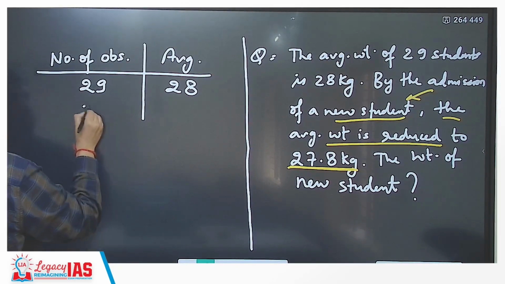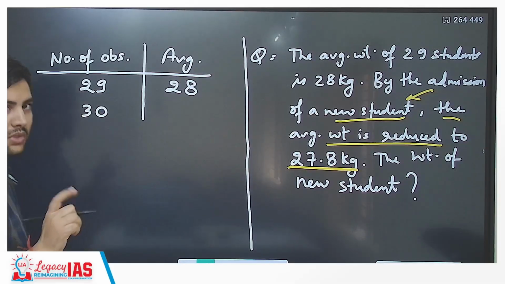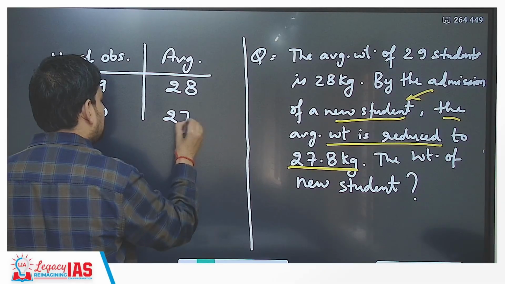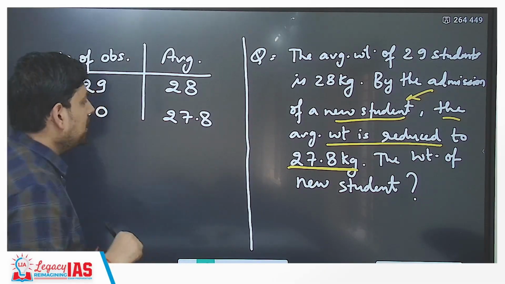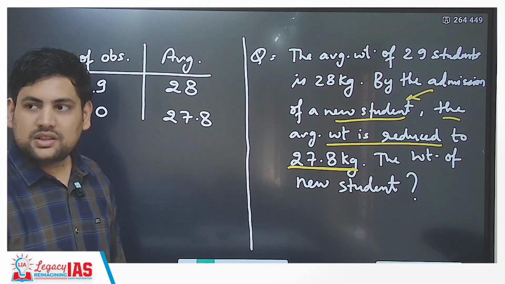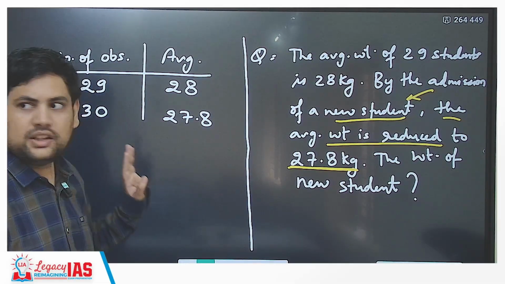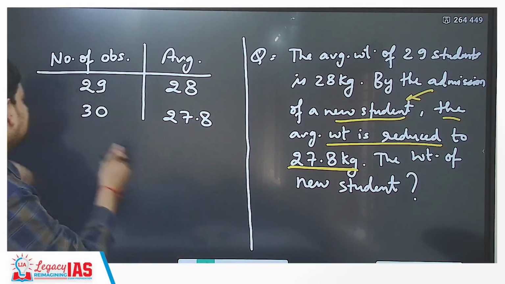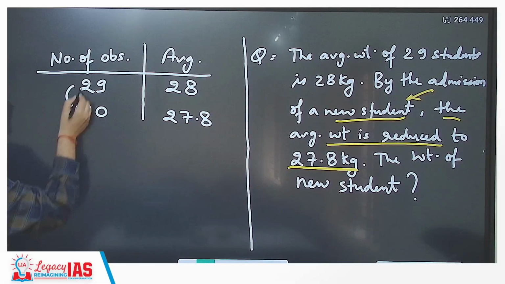Now one more new student, that means observations become 30, plus 1. Now the average is actually decreasing, that is it is becoming 27.8 kg. Because the average is decreasing, it does not matter to you, you just follow the process.